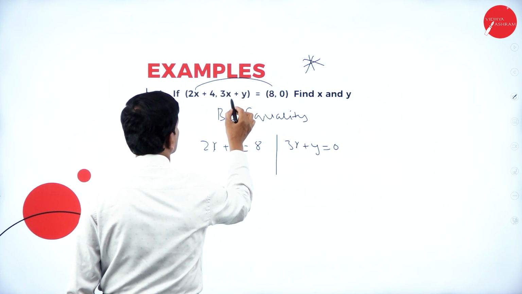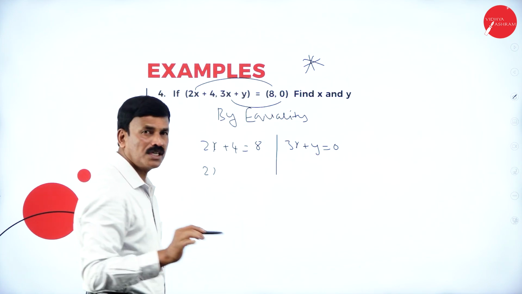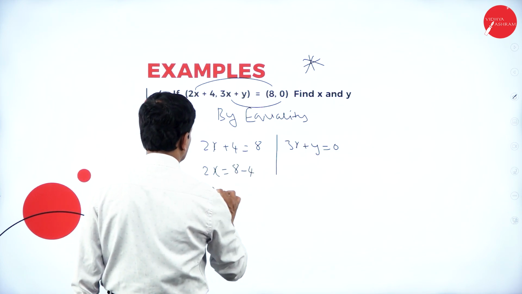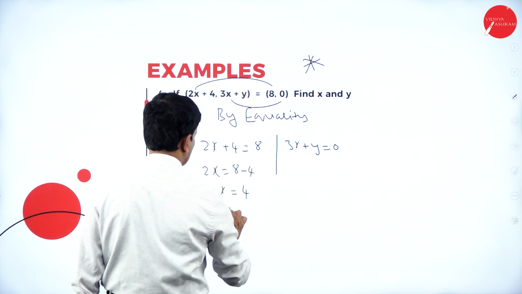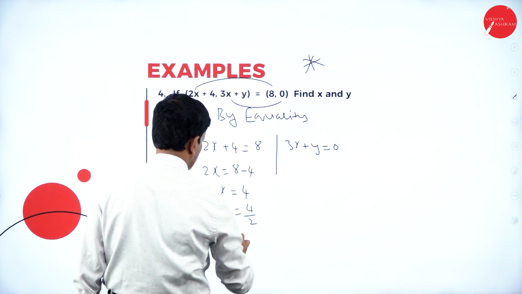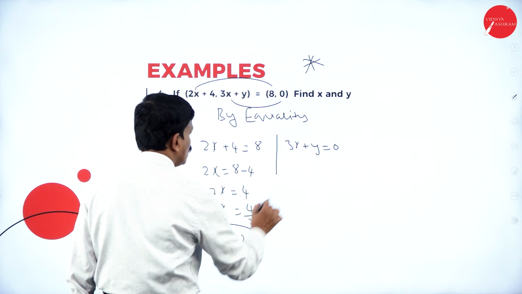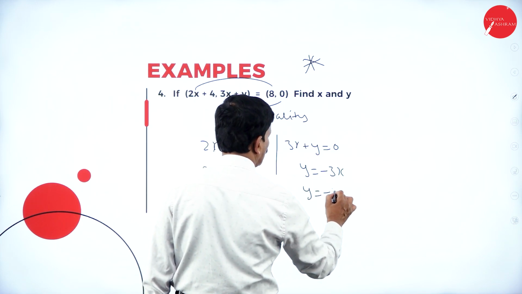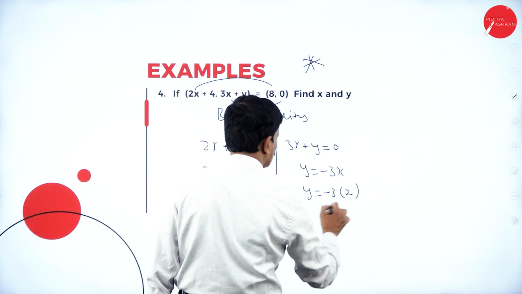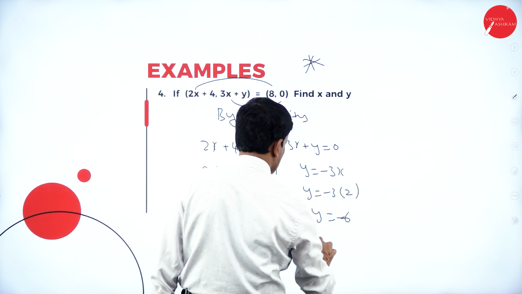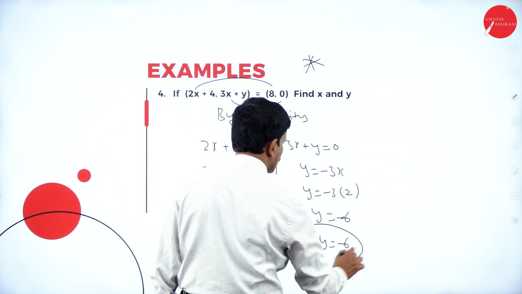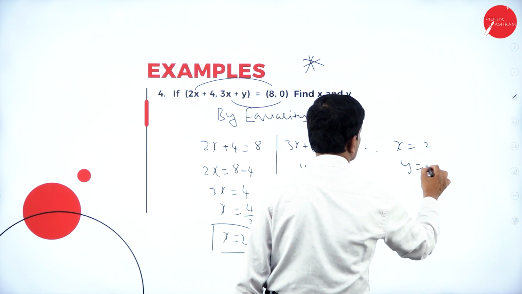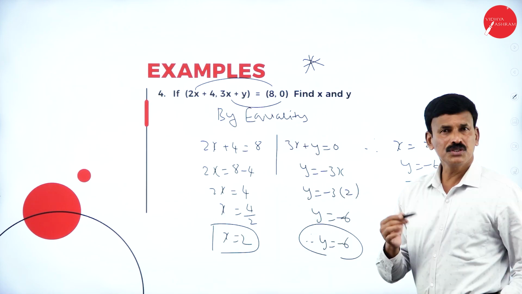First element is equal to first, second element is equal to second. 2x + 4 = 8 means 2x = 8 - 4, so 2x = 4. Therefore x = 4/2, x = 2. And from this y = -3x. Substitute the value of x, which is 2. So y is equal to -6. So here x = 2 and y = -6. That's it.